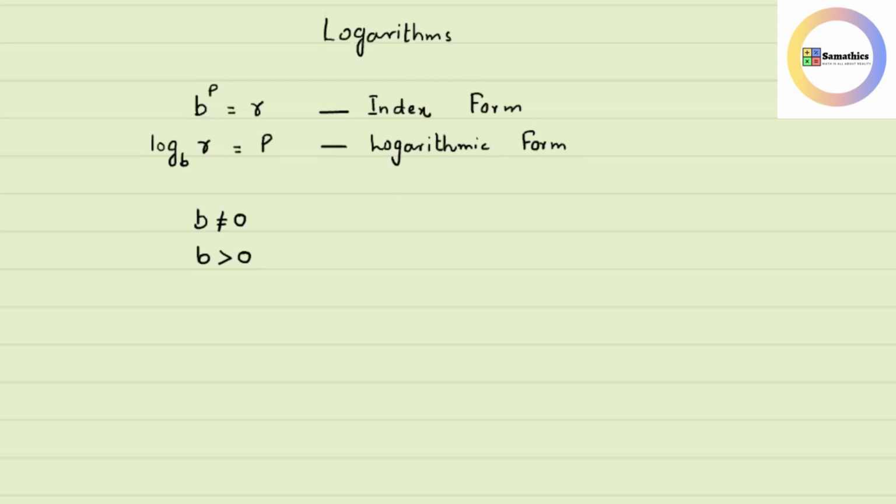So it means that it cannot be negative. And it is not equal to 1. This base is not equal to 1. These are the three conditions for the base.